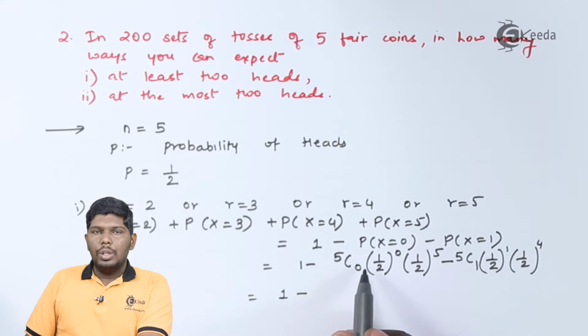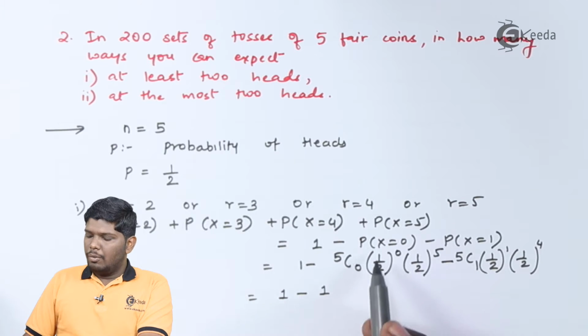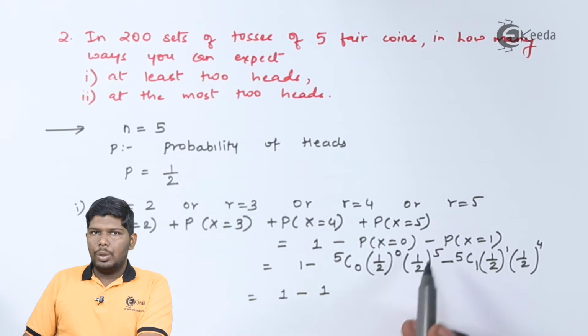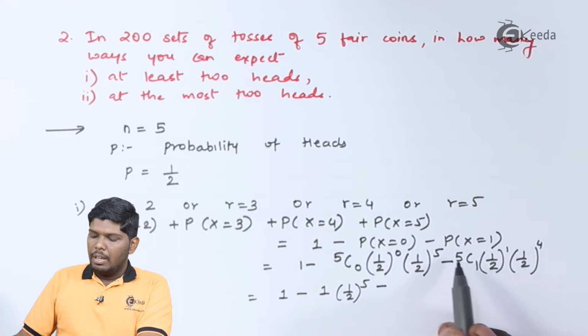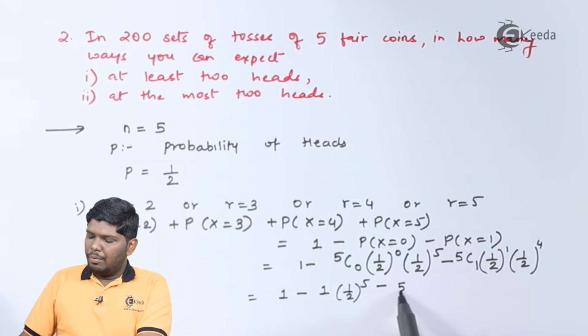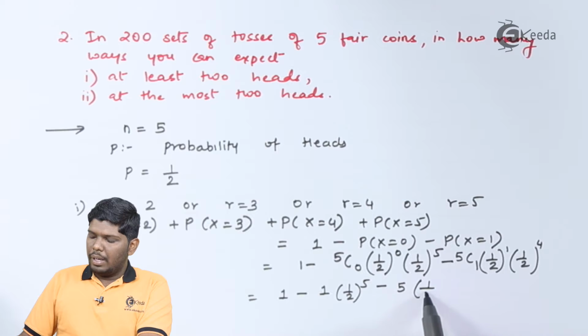Now 5C0 using the formula nCr gives you 1. Here you can see 1 by 2 raised to 0 into 1 by 2 raised to 5 will give you 1 by 2 raised to 5 only. 5C1 is equal to 5. Half into half raised to 4 will give you half raised to 5.